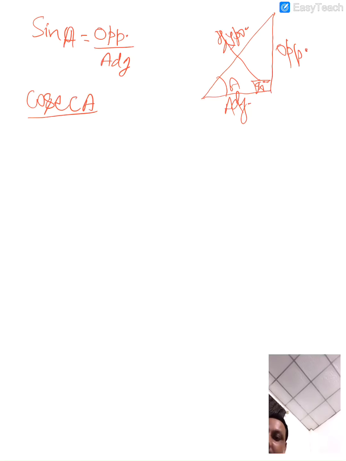I'll use a different color pen so you can easily see what is going on here. So cosec A is equal to hypotenuse over opposite. There is a small mistake here: I have to write hypotenuse, but by mistake I wrote adjacent.